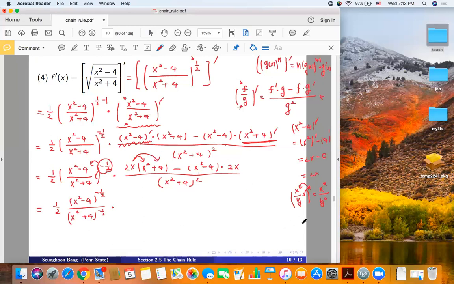2x, so what's that? So we have 2x cubed. The 2x times 4 is plus 8x. You can move this 2x to the front, and erase this one.